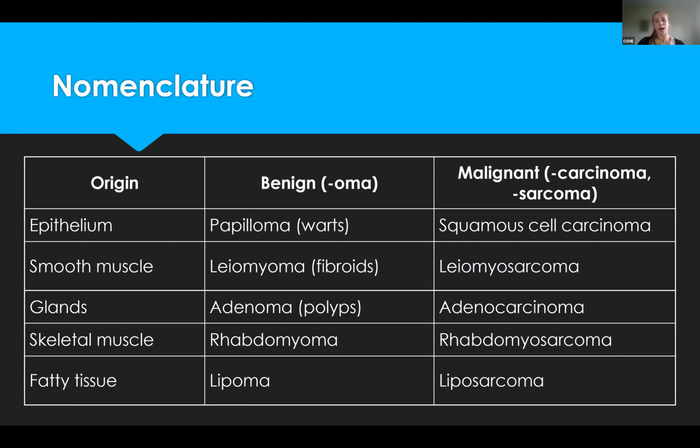So it can be places like the esophagus, the skin, it can be the kidneys, it can be quite a lot of different places. With smooth muscle, it's relatively straightforward. It's either leiomyoma or leiomyosarcoma. Then with glands, it's adenoma or adenocarcinoma. Skeletal muscle is different from smooth muscle, so careful about that. And the fatty tissue, it's either lipoma or liposarcoma.